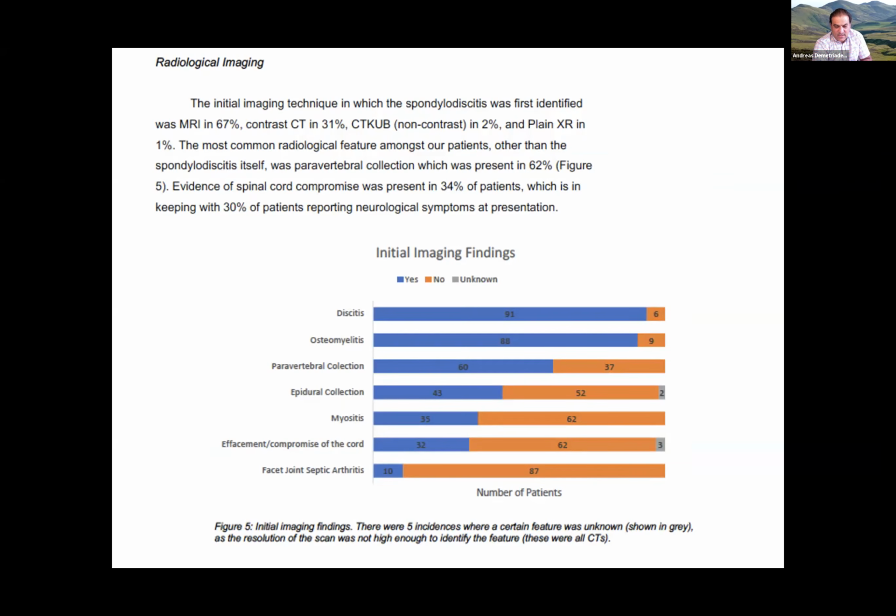Sometimes there is myositis, sometimes there is cord compromise, and sometimes, occasionally, about 10% of cases or so, facet joint septic arthritis. And that's one of the key situations where I would consider a more surgical approach.